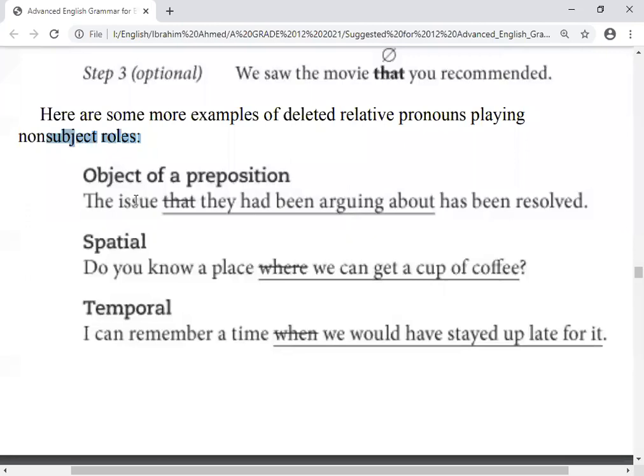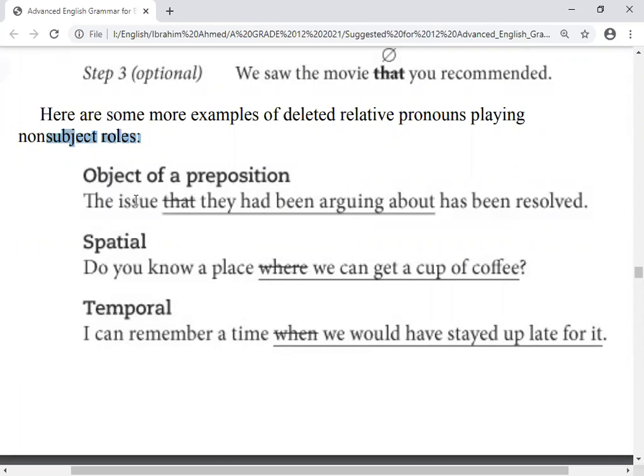Here we have the preposition about. This is why we can delete the word that. Spatial: Do you know a place where we can get a cup of coffee? Or do you know a place we can get a cup of coffee?